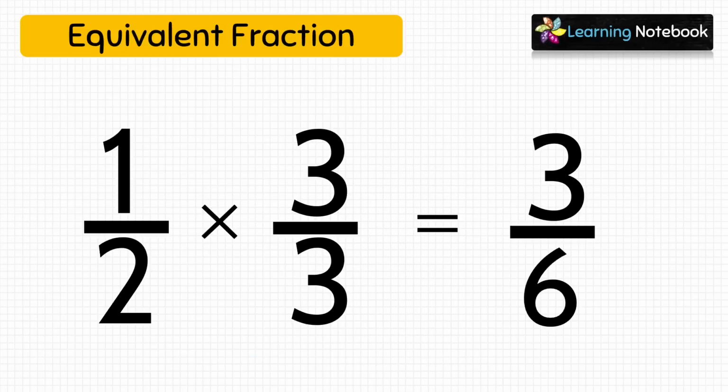So 3 by 6 is another equivalent fraction of 1 by 2. So in this way, we can find more equivalent fractions of 1 by 2 by multiplying numerator and denominator by the same numbers like 4, 5, 6 and so on.